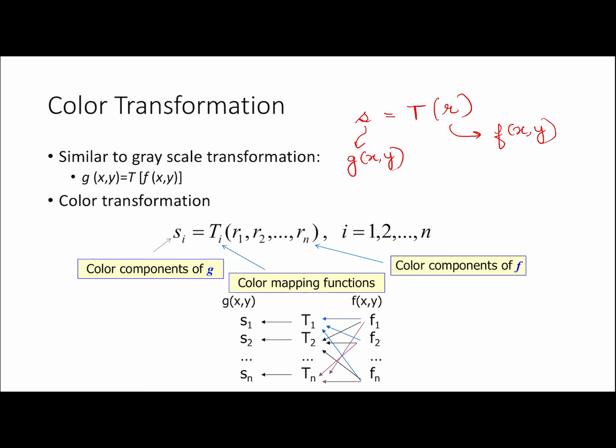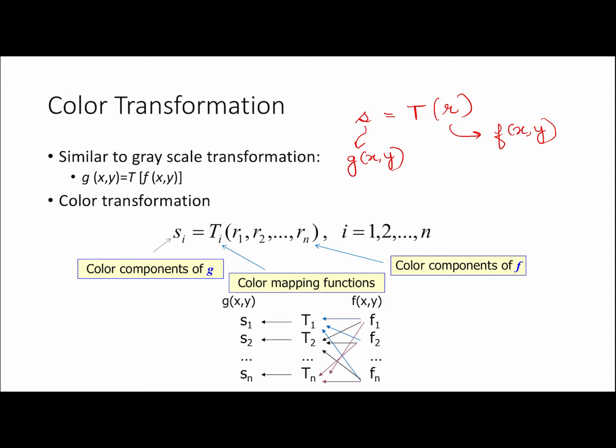Now we can extend the same idea to color processing techniques. In the case of a grayscale image, we had only one component. In the case of color images, we have more than one component.